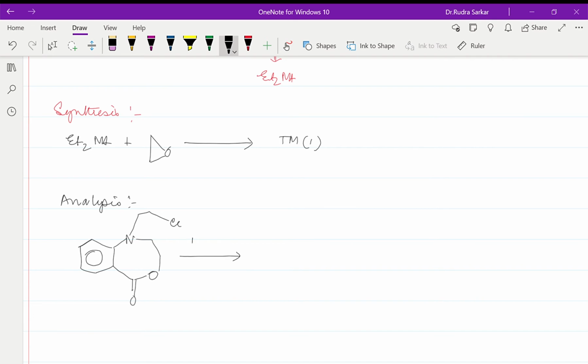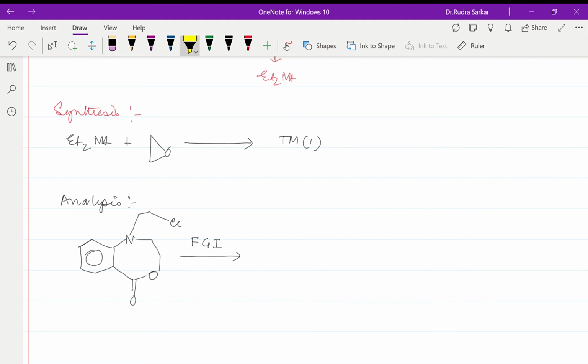So let us first do FGI because the unit out here is a 1,2 alpha haloamine.